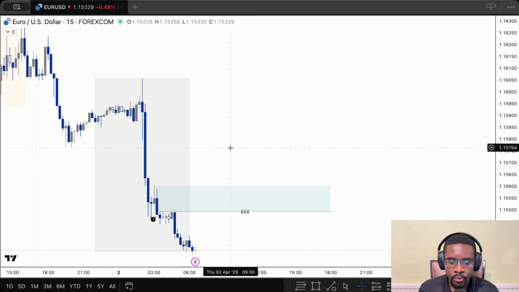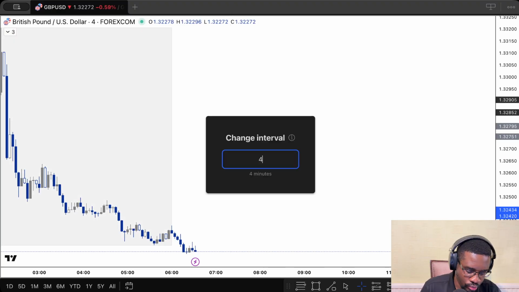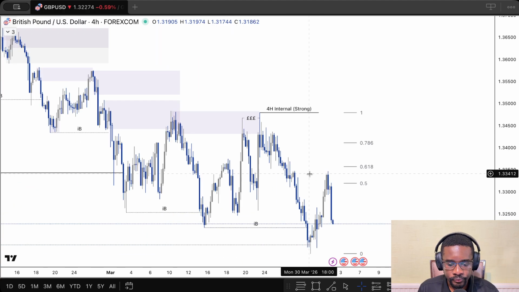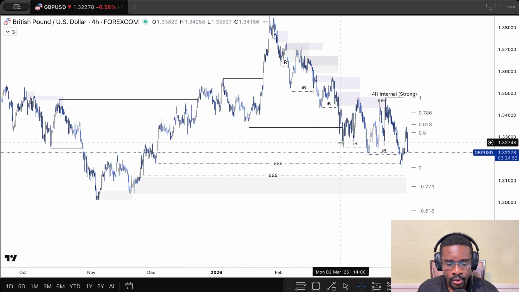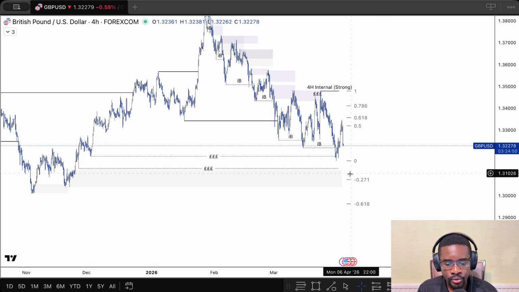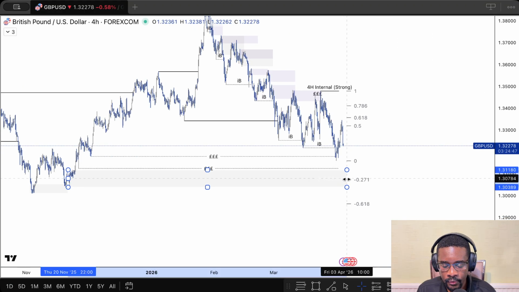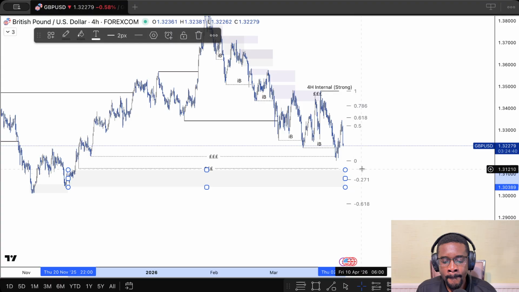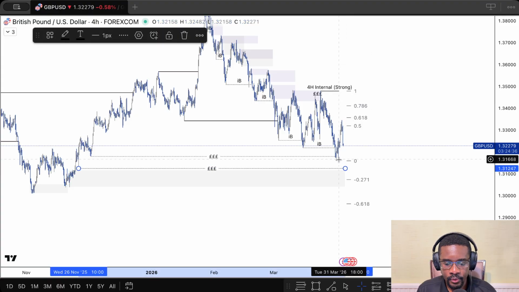Okay, so let's look at the pound dollar, starting on the 4H. Okay, pound dollar starting on the 4H. So we do have resting liquidity.